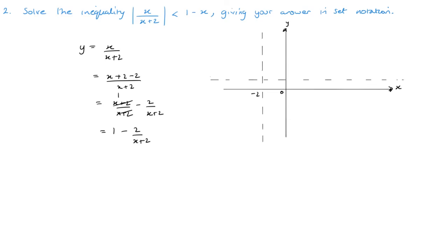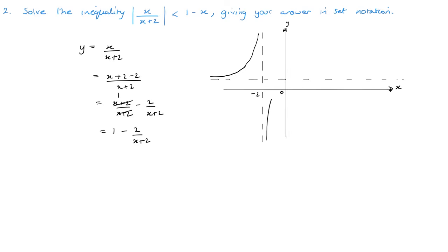So this is looking like this here for this one. And then when we go to this side, now normally this will look something like this.